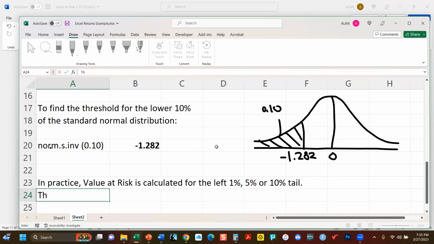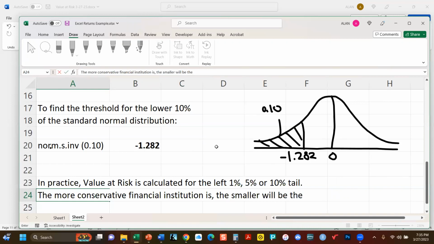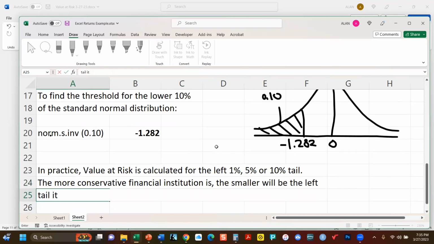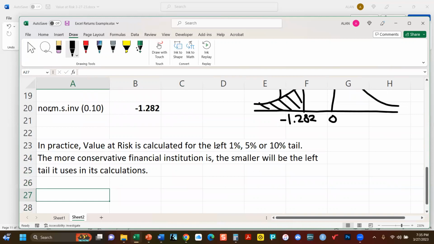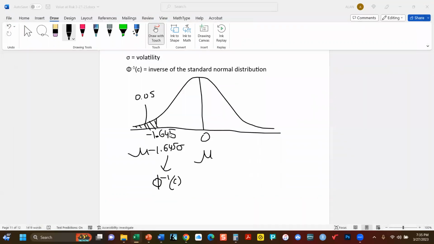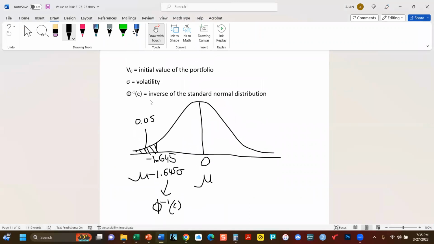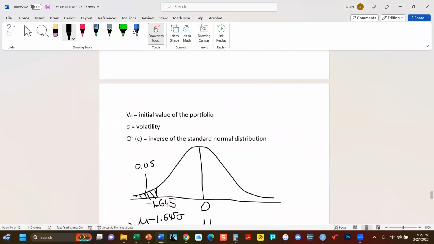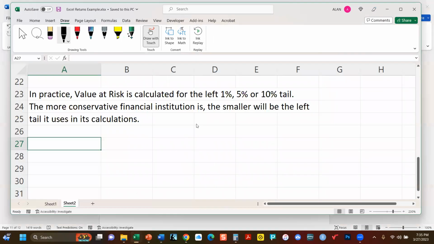The more conservative a financial institution is, the smaller the left tail it uses in its calculations. All right. So then we have all three terms here, and we can now calculate anything we want. It's a lot scarier than it looks. I mean, it's less scary than it looks.